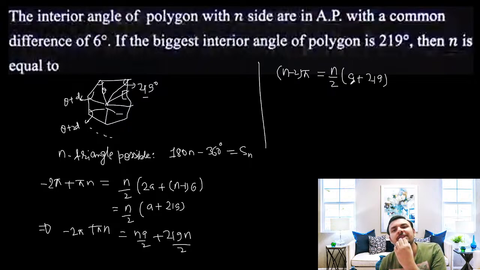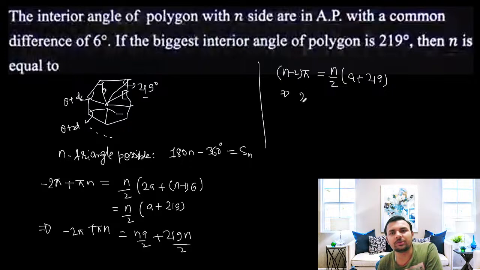So if the biggest number is this, we can make a equal to near 0. Can we do it? Pi is 22 by 7.